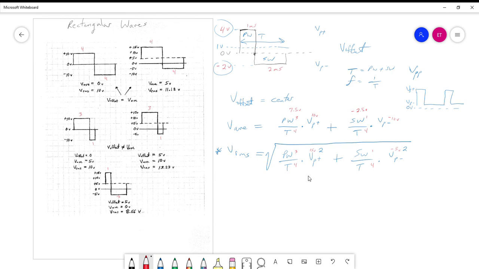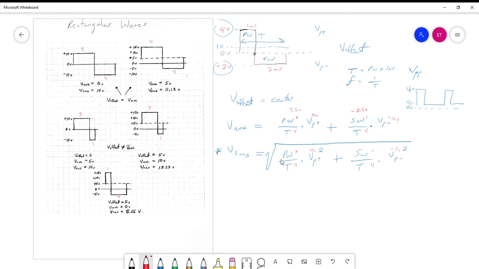Put some of this to use. Create your own rectangular wave, an actual wave, with the Analog Discovery wave generator, and then bring that into your oscilloscope. Connect the wave generator output to your scope, and use the measure menu of your Analog Discovery to perform the measurements on that waveform.